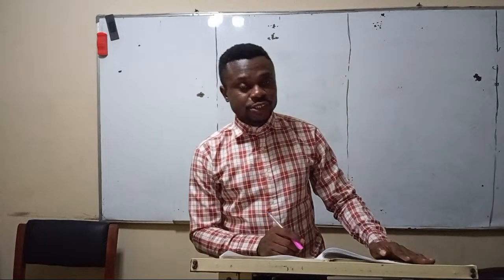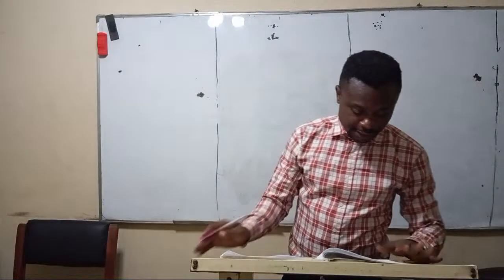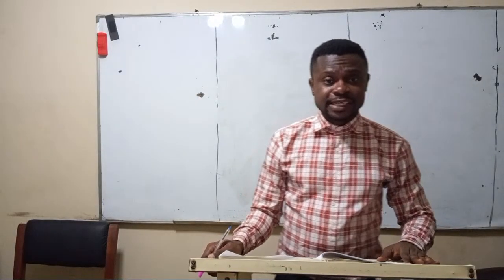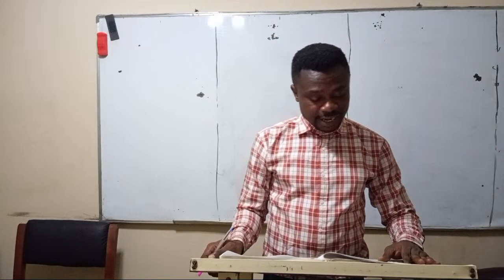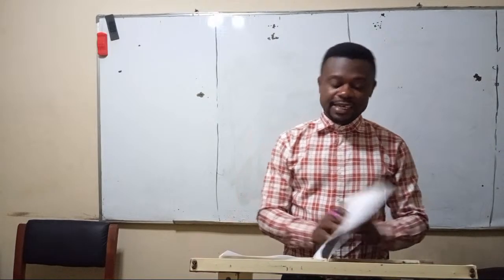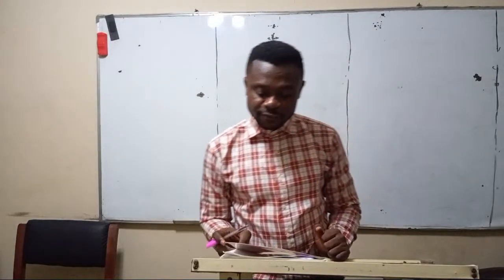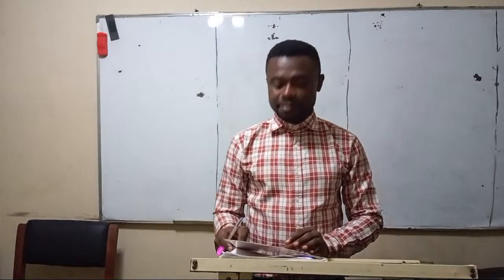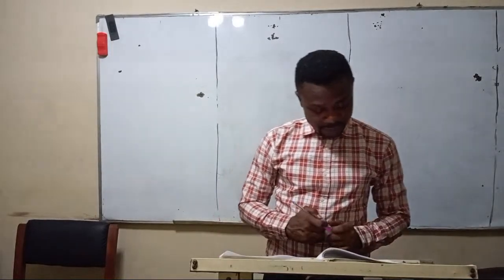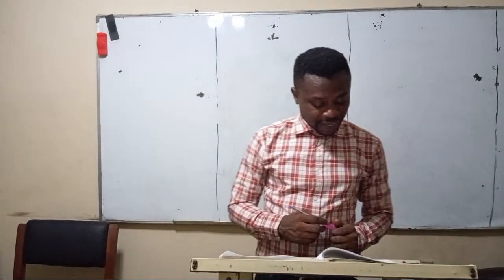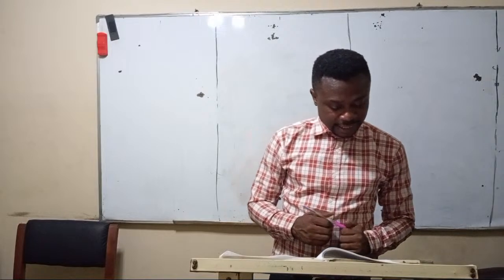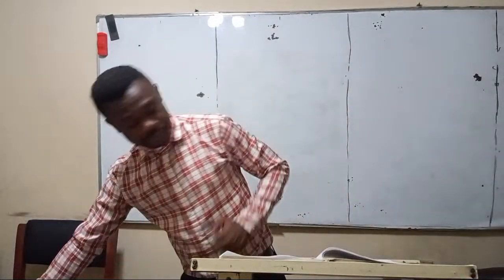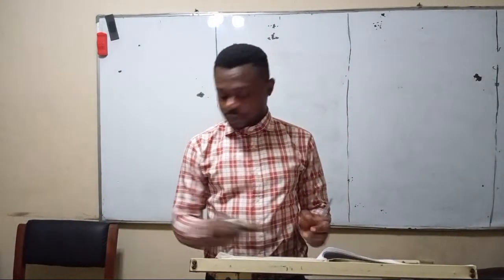Our question source for today is 1978 JAMB question 1, as stated in Prep 50 Physics UTME past questions. The question is taken from page 6, question 1. Let me write it on the board.